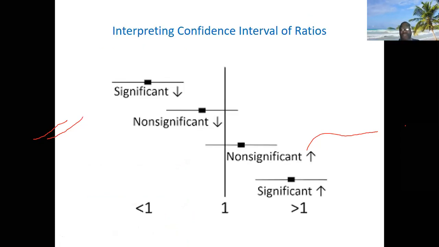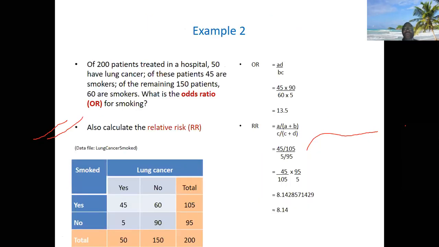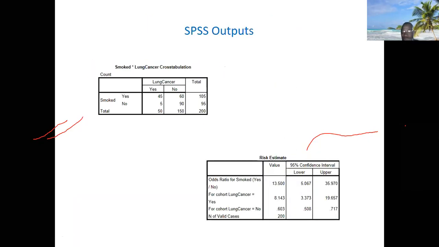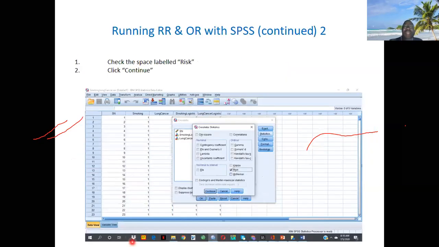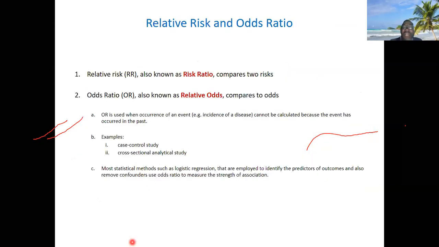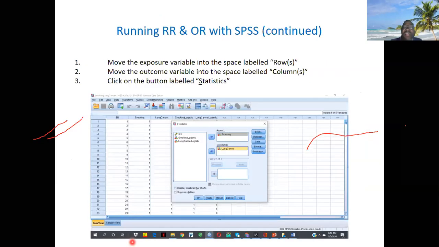Another way to prove it, in these two examples we have given, if you look at this table, they are talking about lung cancer. With the total people, 200, out of the 200, 50 have lung cancer. The other one, out of the 1,500, only 30 have lung cancer. Where will you say the disease is rare?